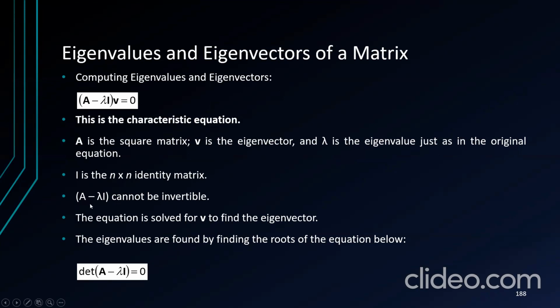A minus lambda I cannot be invertible. The equation is solved for B to find the eigenvectors, depending on it being equal to 0. The eigenvalues are found by finding the roots of the equation below: the determinant of A minus lambda I. Solve for lambda.